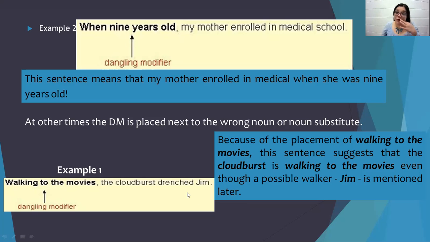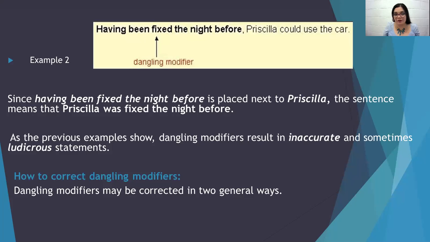It's true that the modifier is far from the word it intends to modify, but it is not a matter of just moving the modifier and placing it next to Jim, because then it would be "the cloudburst drenched Jim walking to the movies." And if you say that, you still don't know who's walking to the movies, the cloudburst or Jim. So a better version of this one is needed in order to solve the problem.